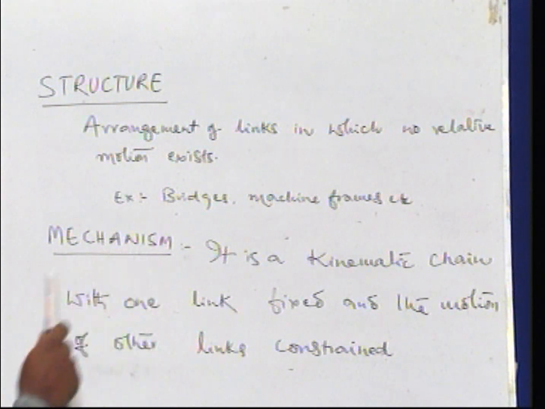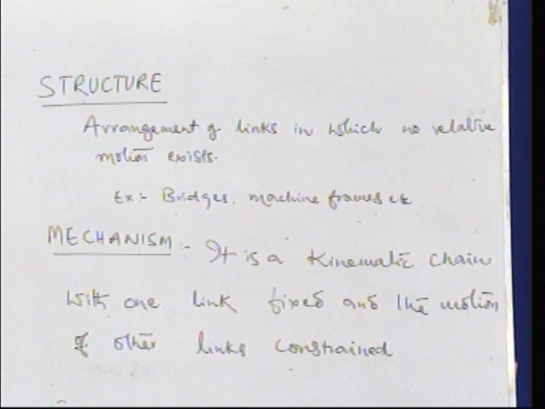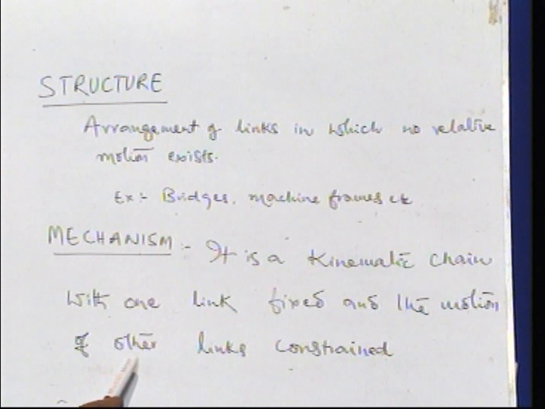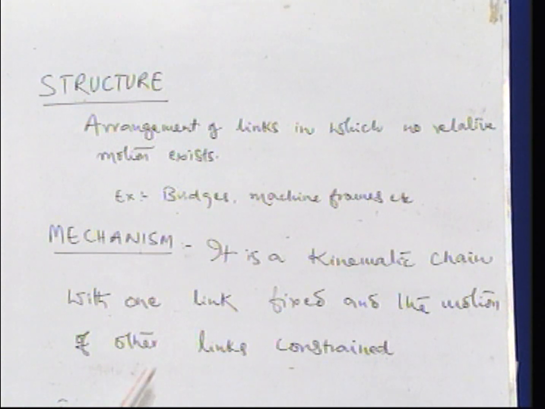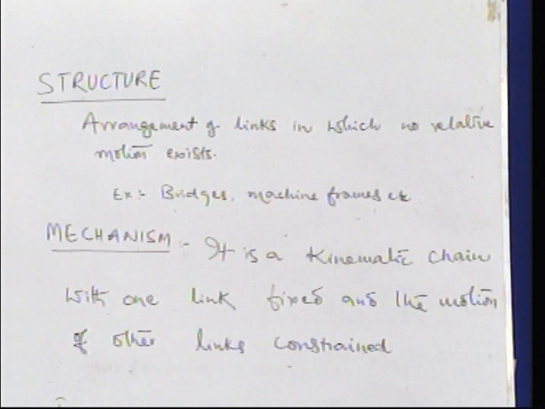The mechanism is a kinematic chain with one link fixed and the motion of other links constrained. The motion that is to be transmitted between the links is totally definite and constrained.